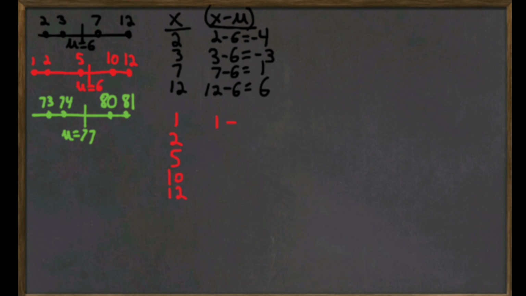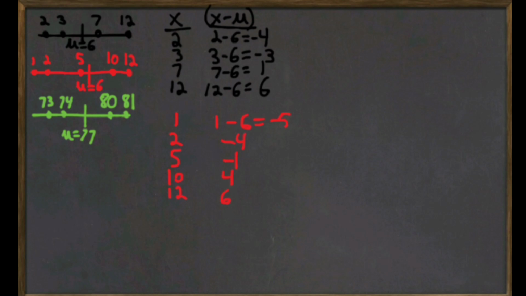And this is going to be 1 minus 6 because we have the same mean. It's not always going to be the case, but in this case we do. That's going to be -5, -4, -1, 4, and 6.